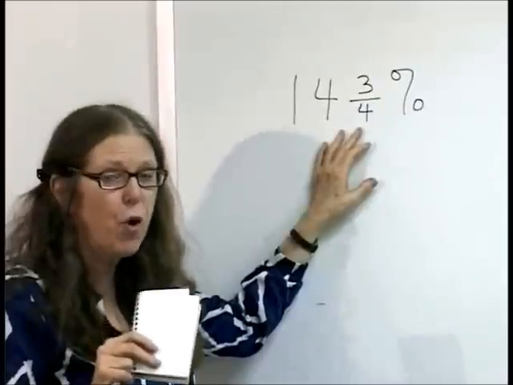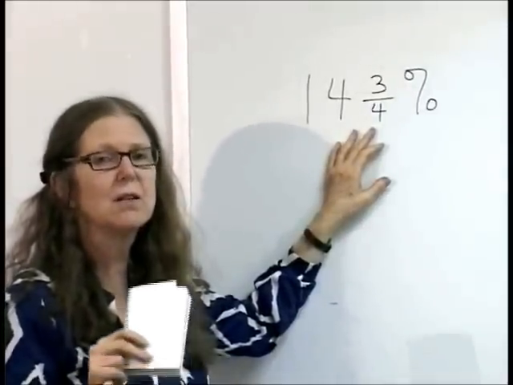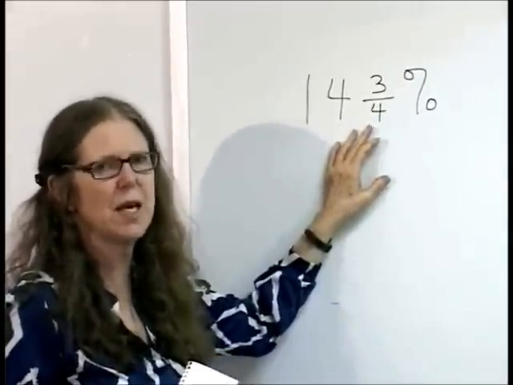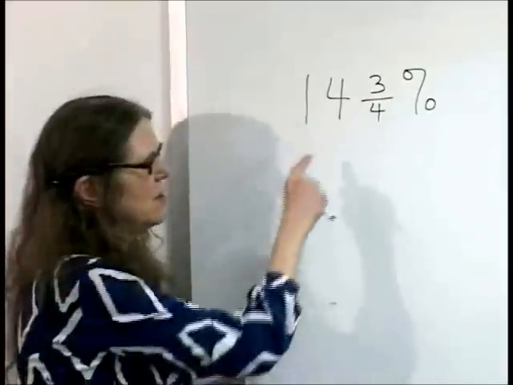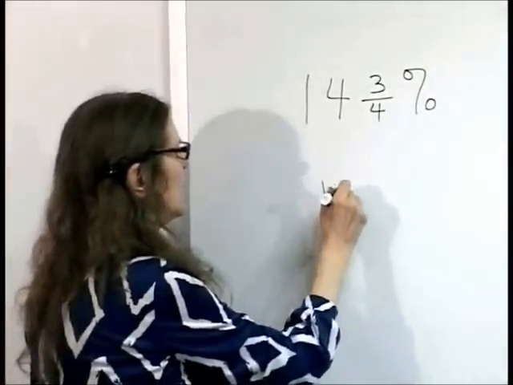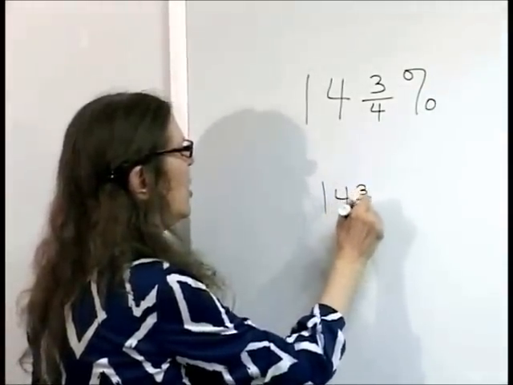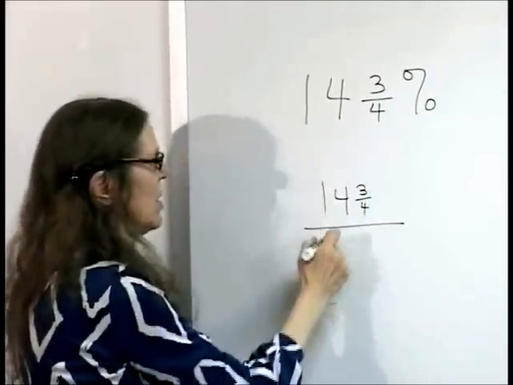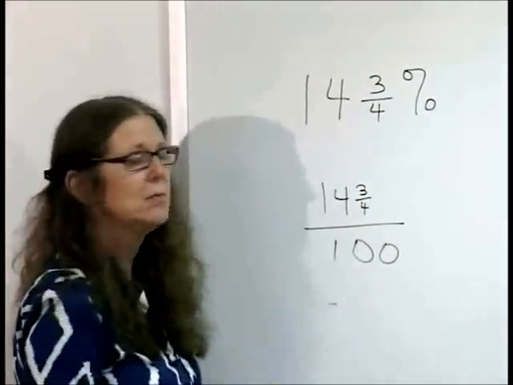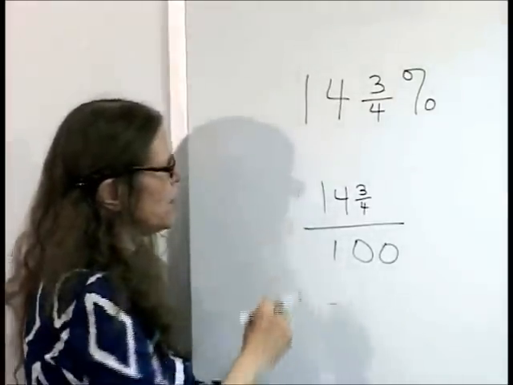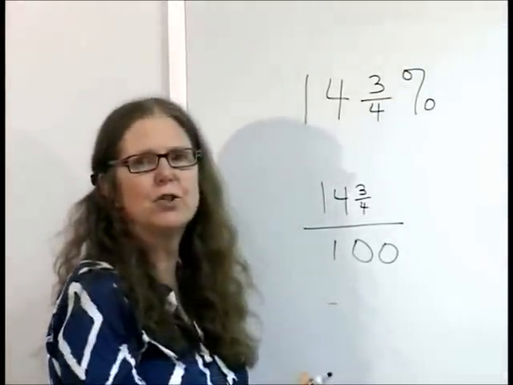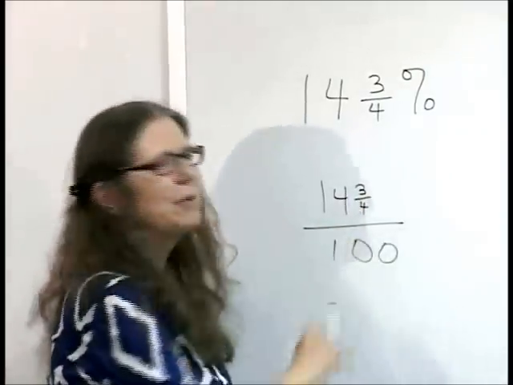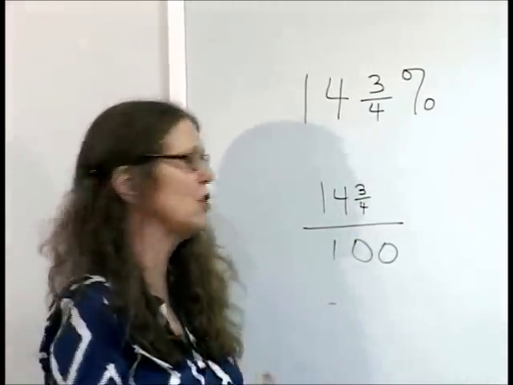It's 1/4% less than 15%. So how can we get this to be a fraction? Well, anything with a percent sign after it is equal to that number over 100. Now let's convert 14.75 into a fraction. So this will be a complex fraction. It's a fraction with a fraction inside of it.